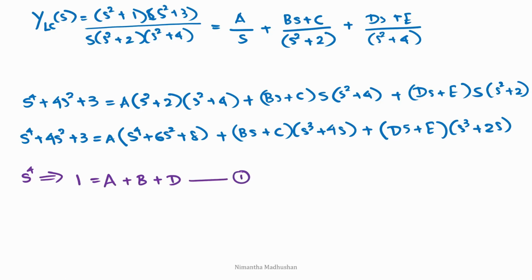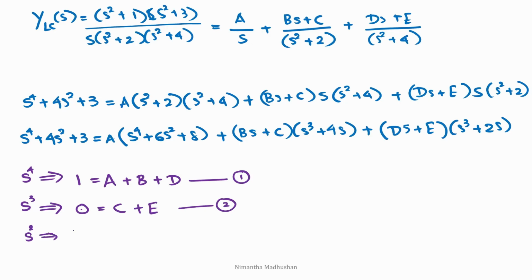I name that the first equation. Then I consider s to the power 3. From the left hand side, there is no s cubed term. From the right hand side, c into s cubed, c, plus e into s cubed, e.